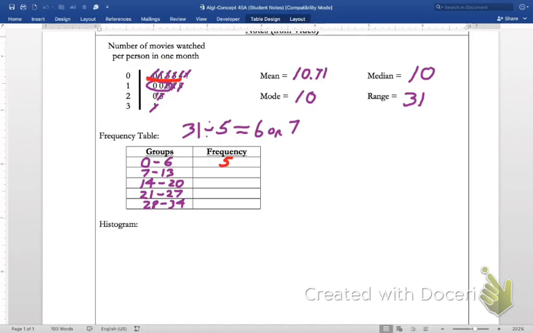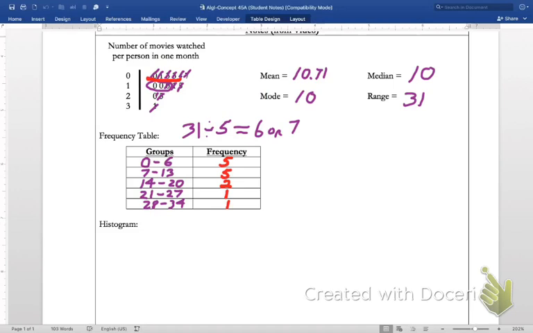It looks like I have 5 numbers in that group. How many numbers between 14 and 20? Well, I think there's 2. There's 1 in the next group, and there's 1 in the very last group. We don't have to use every row in the table. 4 to 5 groups are sufficient in most cases.